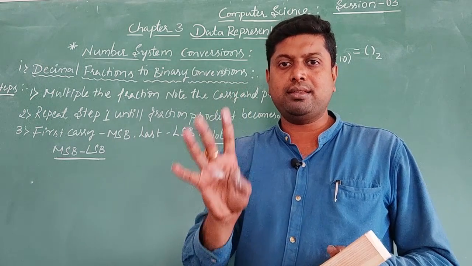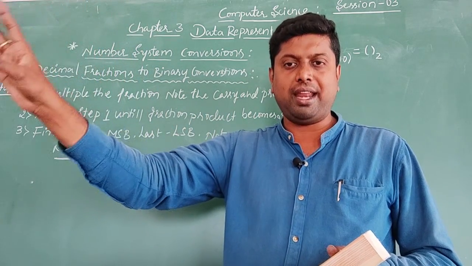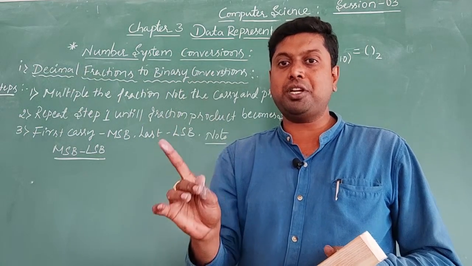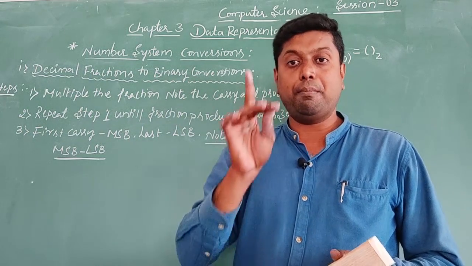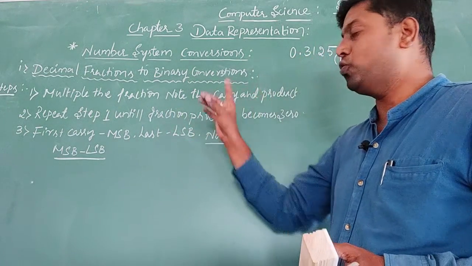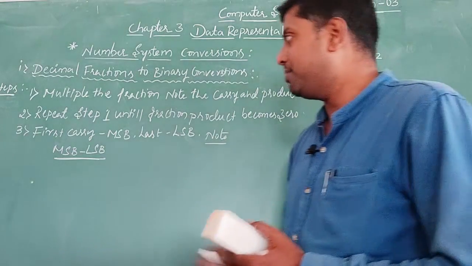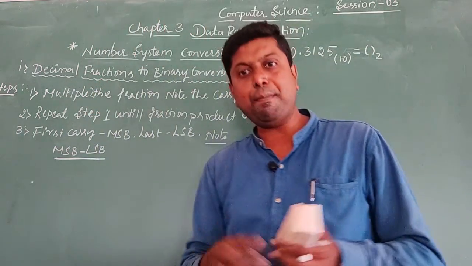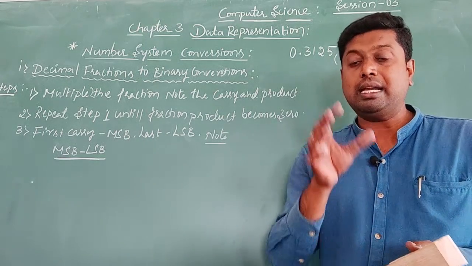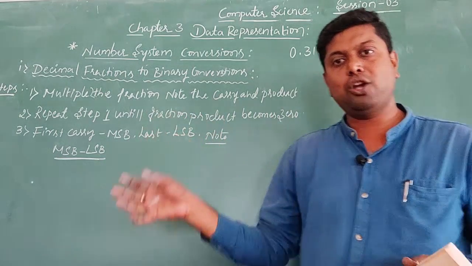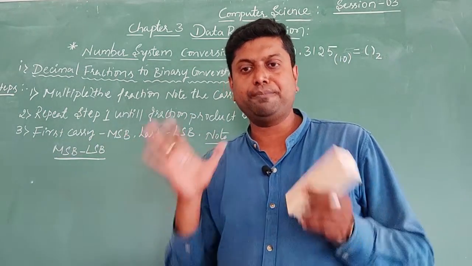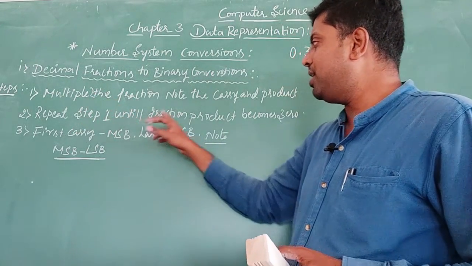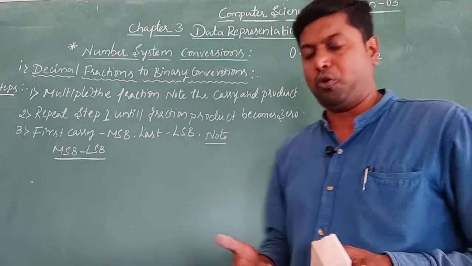For the normal decimal number, that is the dividing method, dividing by 2. But here this is a fraction decimal, so we are multiplying by 2. Multiply the fraction number by 2, that is what we call decimal fraction conversion into binary conversion. Then step 2 says, repeat step 1 until the fraction product becomes 0.